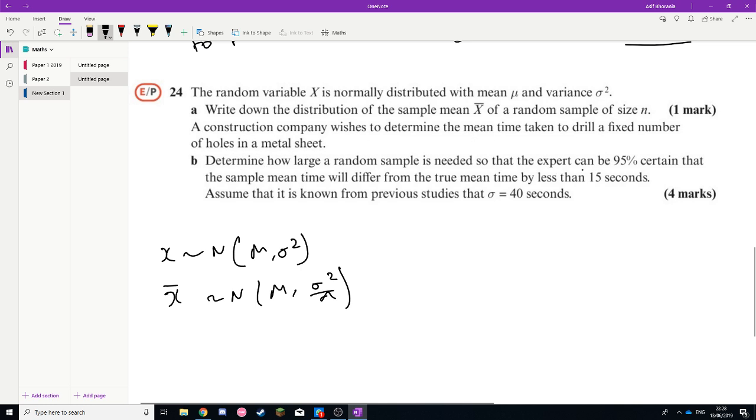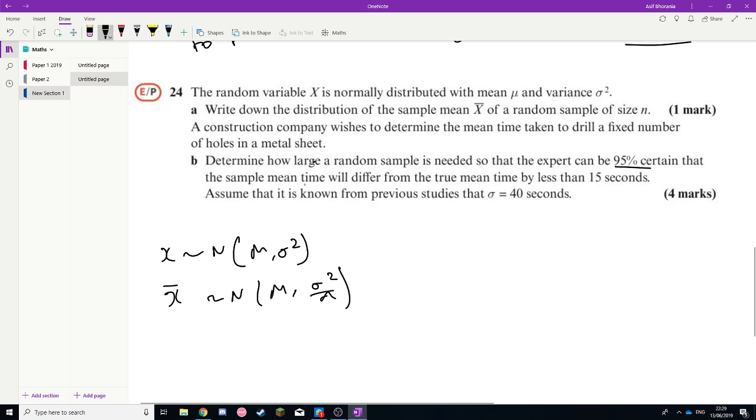Determine how large a random sample is needed so that the expert can be 95% certain that the sample mean time will differ from the true mean time by less than 15 seconds. Assume it is known from previous studies that the standard deviation is 40 seconds.